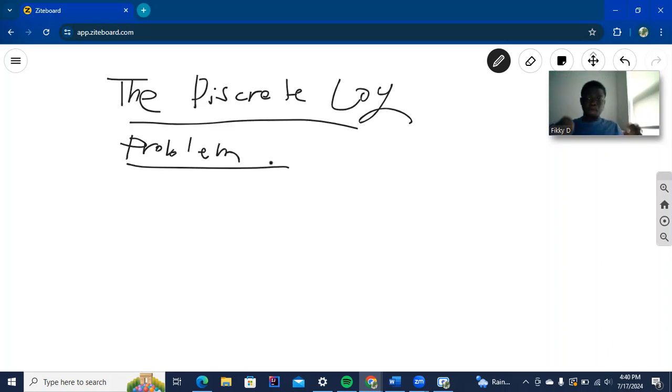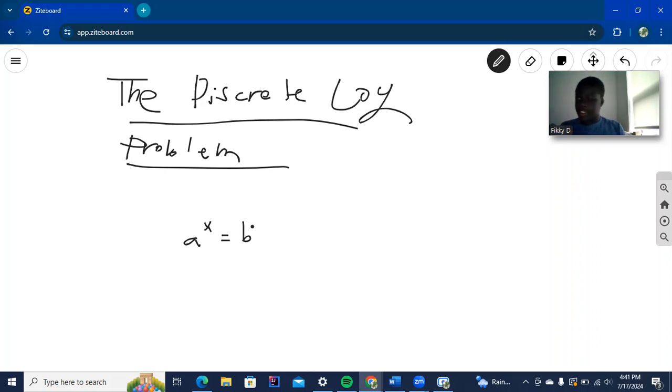So the discrete log problem, what is it? First, let's remove the discreteness and just say, if I gave you a problem and said a to the x is equal to b, how would you solve this?